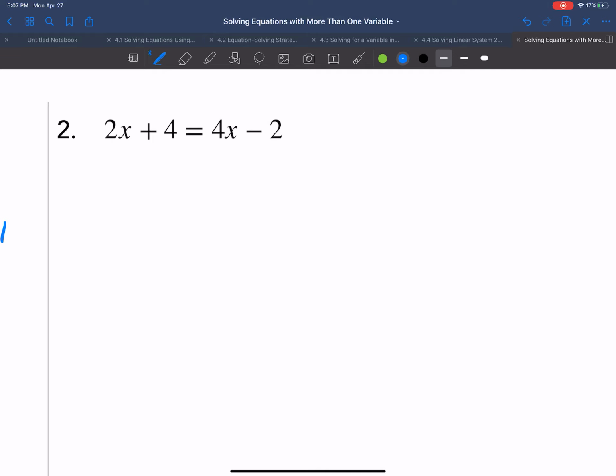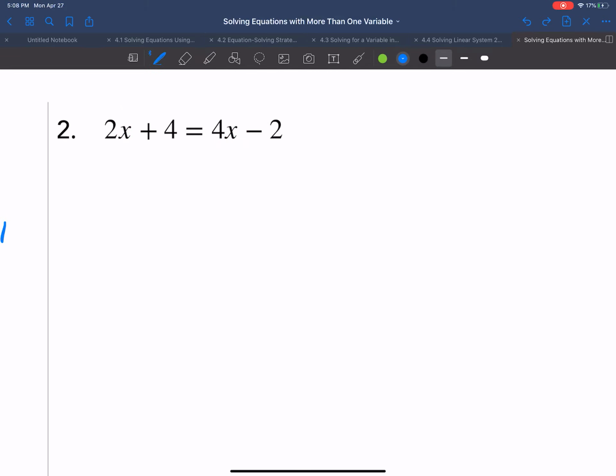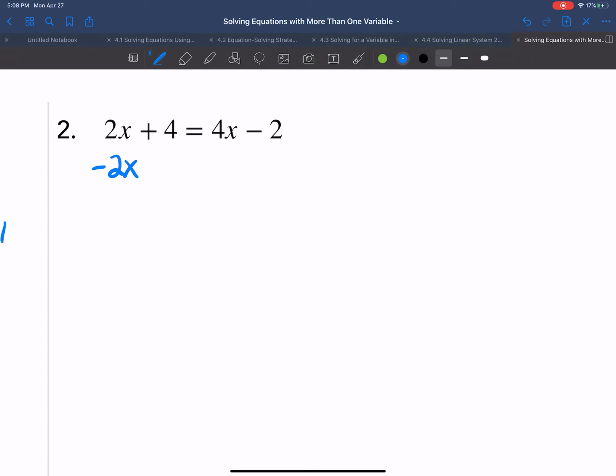That means I'm going to take this 2x, remove it from that side, so that I only have x's on the right side. So I do the opposite of whatever that thing is. It's a positive 2x. I do the opposite, which is negative 2x. I have to do the same thing on the other side. So what I'm doing is subtracting 2x from either side.